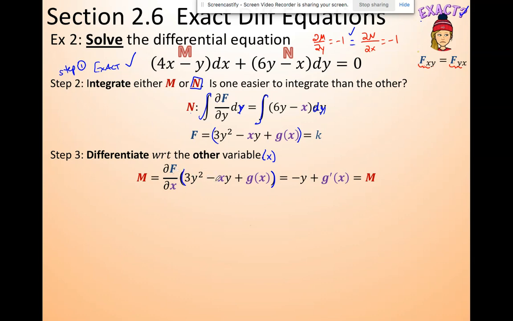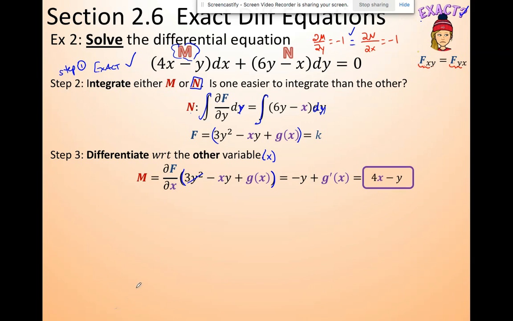Take the partial of this expression with respect to x. The y thing goes away. The partial derivative with respect to x means you just have the constant negative y. And then the derivative of g of x is g prime of x. That's equal to M, but I already know what M is.